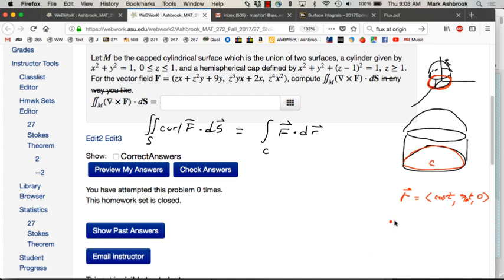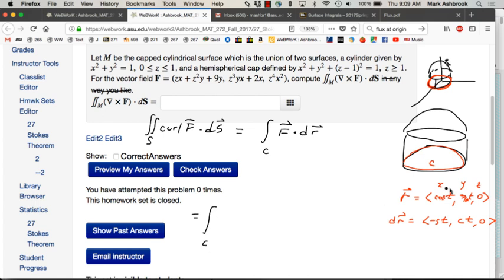And then we need dr, so dr is negative sine t, cosine t, 0. And then we're going to use our x, y, and z here to rewrite f, right? So hopefully we'll get some things to cancel out here.